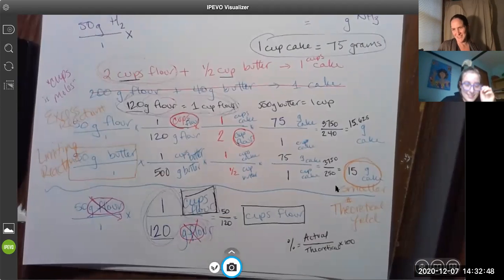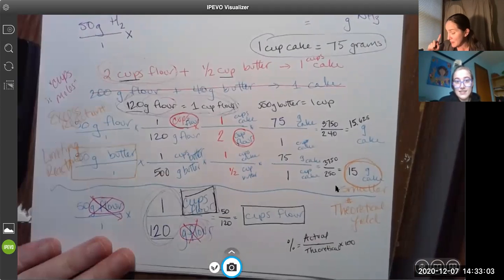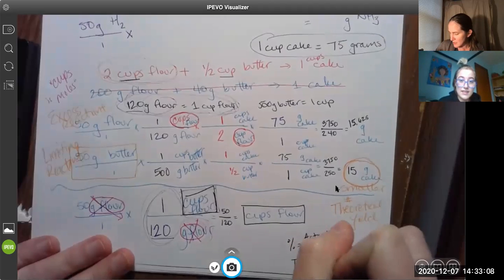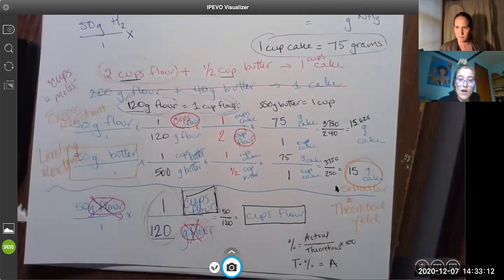That's all of it. This takes you through the end. They could also give you the theoretical times the percent to find the actual. That's the only other one. Now you have the equation for that also.